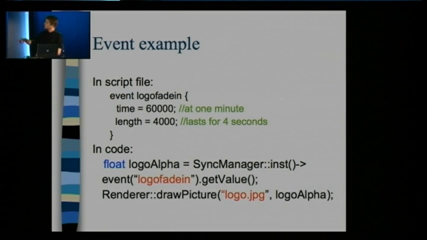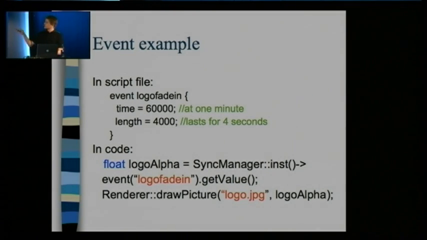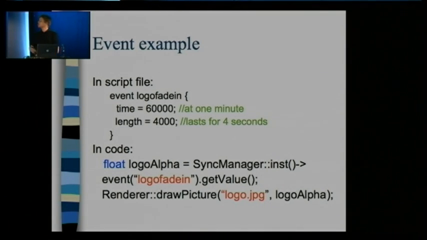We query an event called logo fade-in, and then for each kind of sync, I have something called get value, which in this example would return 0 at exactly 60,000 milliseconds, and at exactly 64,000 milliseconds it would return 1. It interpolates between those, so it goes from 0 to 1 in 4 seconds. Then I could just draw a picture with the alpha, and it would fade up nicely.